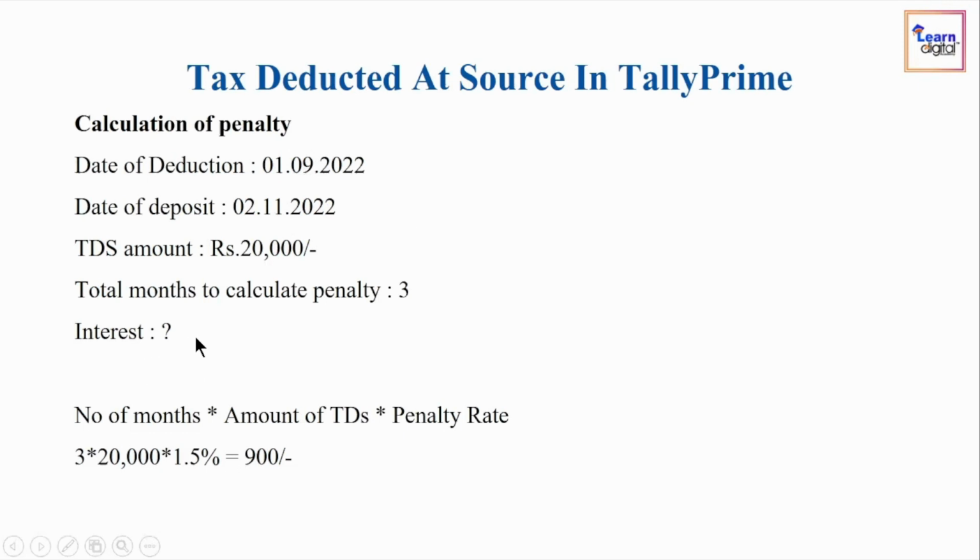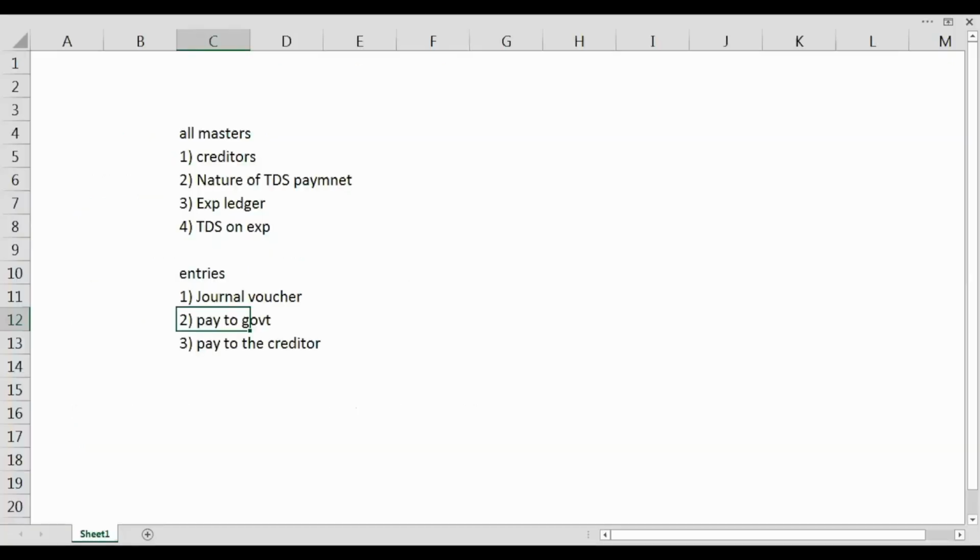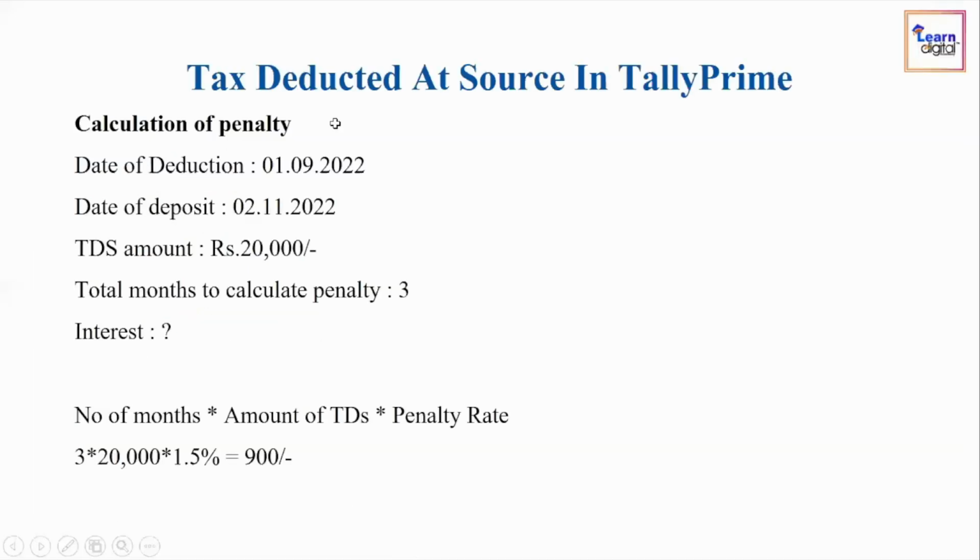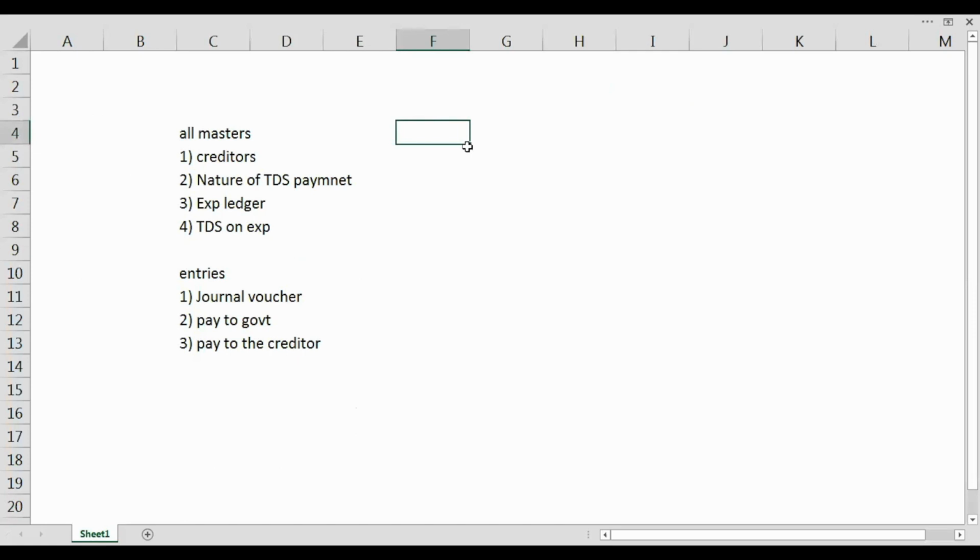But how much interest or penalty amount will be there? So how to calculate? The formula is number of months multiplied by amount of TDS multiplied by penalty rate. Number of months will be 3, the TDS amount is 20,000, and penalty will be at the rate of 1.5% on this 20,000.